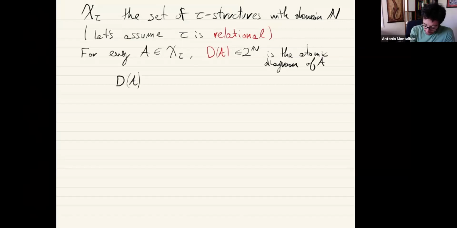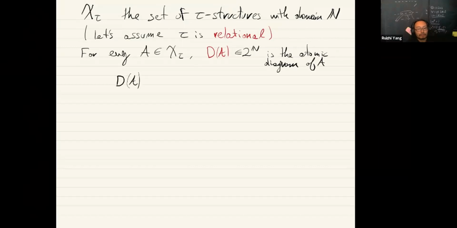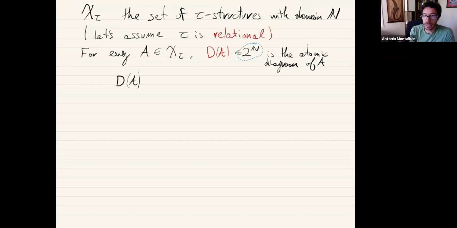D of A, D for diagram, is an infinite binary sequence in 2 to the omega, such that the value at n is 1 or 0 depending on whether A satisfies the nth atomic sentence, well, formula.